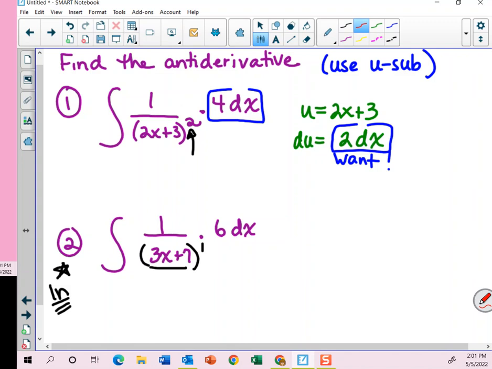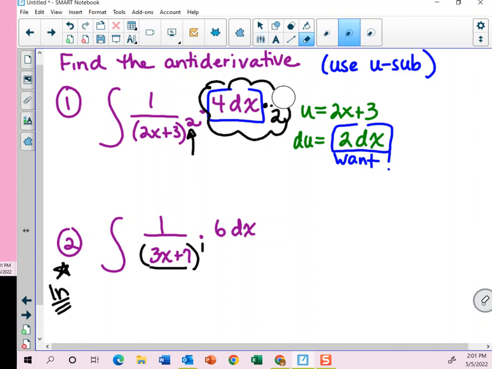Most of the time, if students can sort of see it happening, they're like, oh, I have a 4, I want a 2. A half on the inside will make that work. A 4 times a half, or 4 divided by 2, will make this all equal to 2 dx. Whatever I end up putting on the inside, I have to put its reciprocal on the outside.